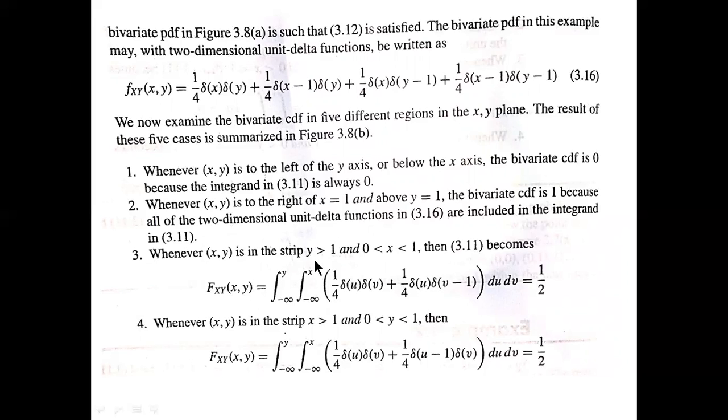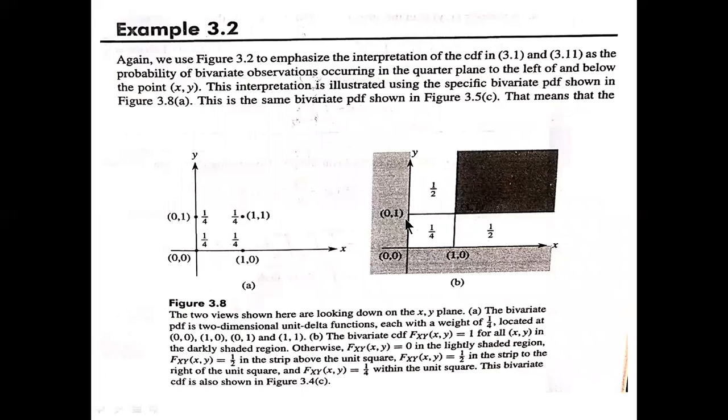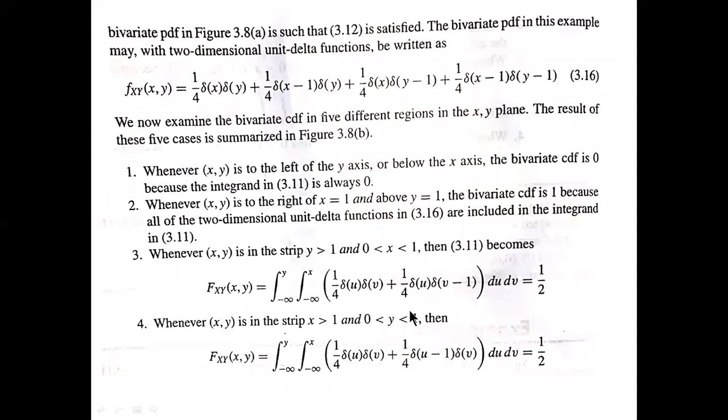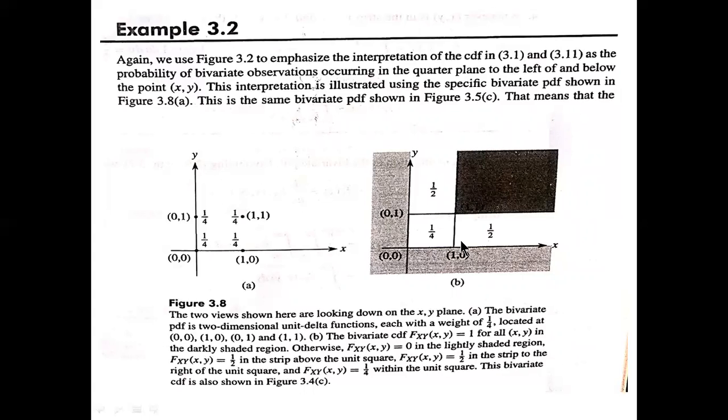Whenever we talk about the strip where y is greater than 1 and x is between 0 and 1, we need to write only 2 points, that is these 2 points. The sum of these 2 points will be equal to 1 by 2, and that is what is written here. The fourth one is y between 0 and 1 and x greater than 1.